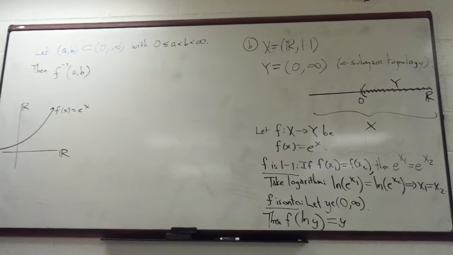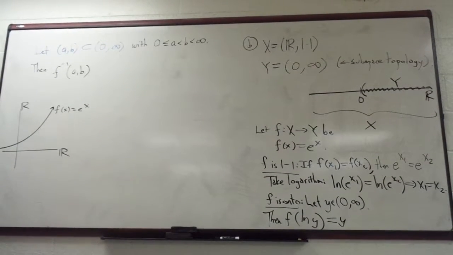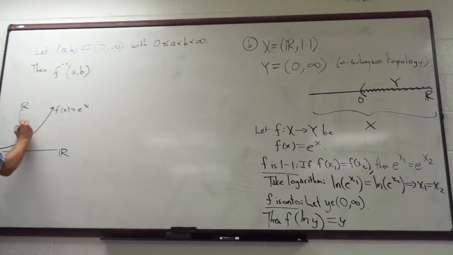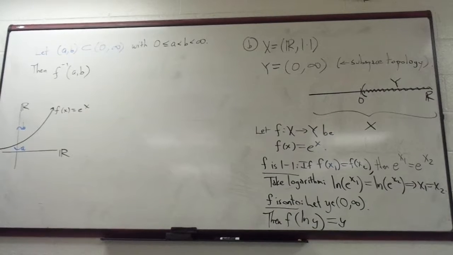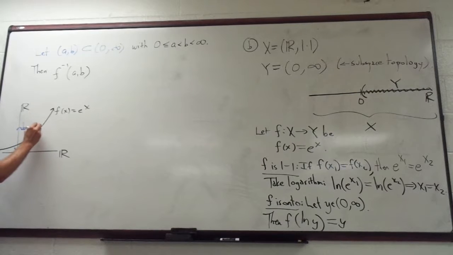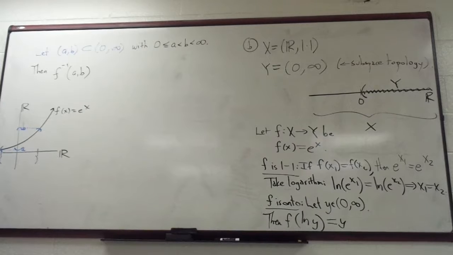If I pick my open interval (a, b) on the y-axis, going from here to here, then the pre-image of that open interval is going to be from there to there, this x value to this x value. So it's sort of this interval right here, and that's an open interval in the real number line. So I'm claiming that the pre-image of this open interval is an open interval.